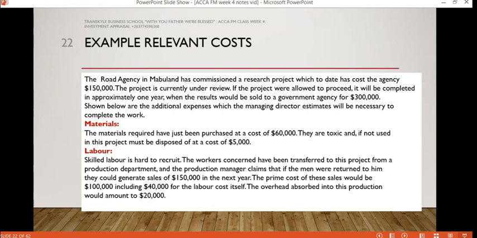Because by the end of the day, whether we have apportioned 10,000, 15,000, 20,000 among the departments, we are not going to change the ultimate fixed costs that are going to be paid. Those fixed costs in total are going to be paid, so they are irrelevant. So the overhead absorbed is irrelevant, so the 20,000 is irrelevant.